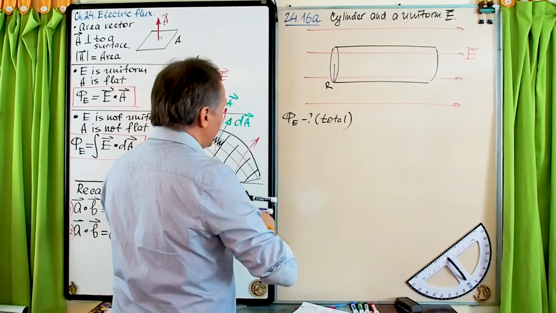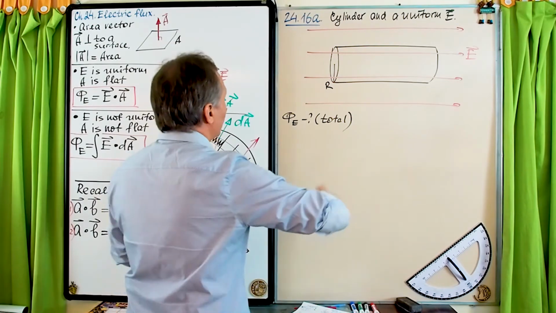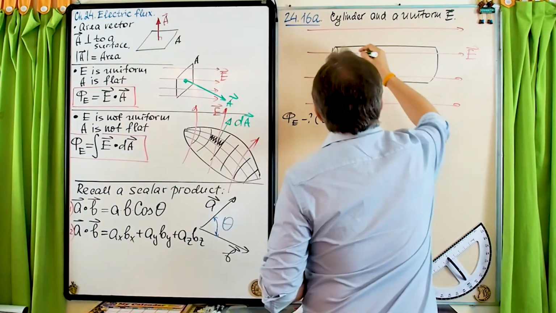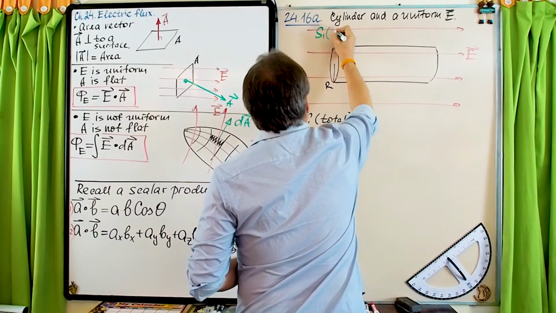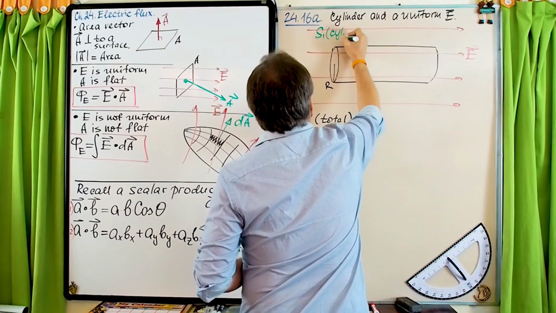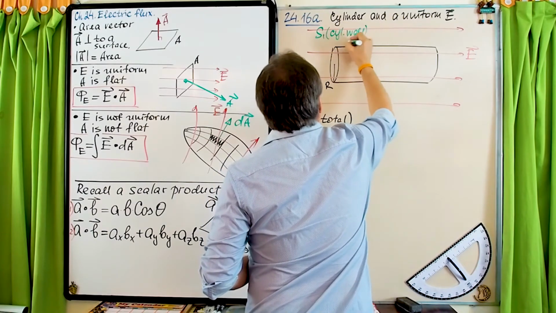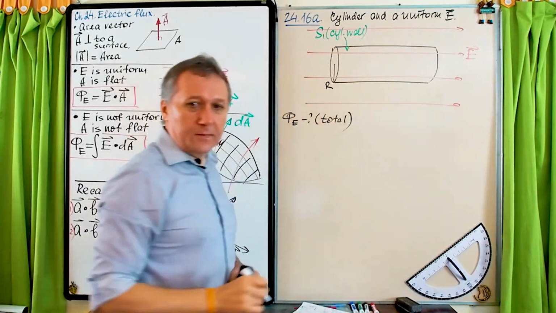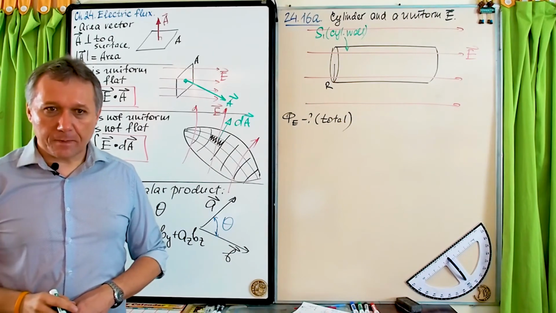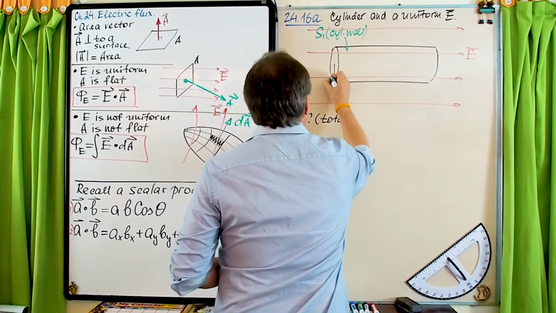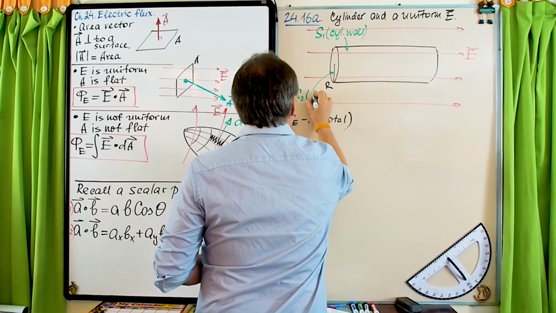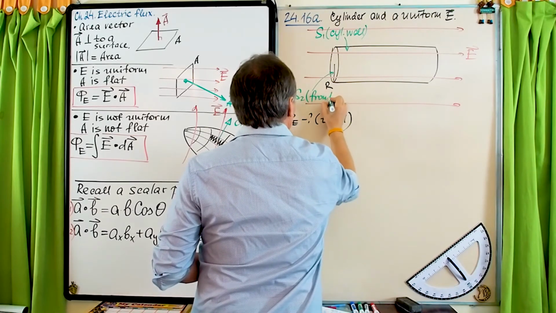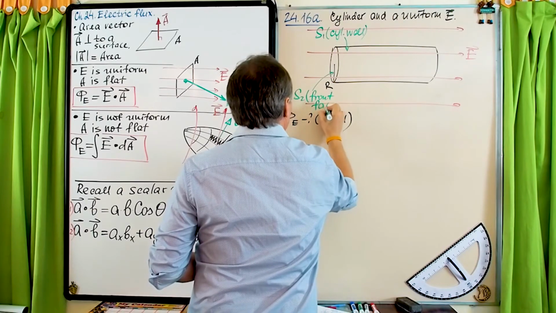Okay, so now let me label them. I'll use green. Let's call this S1, the cylindrical wall. It's that one, the cylindrical wall. Then let me label this as S2, the front facet.